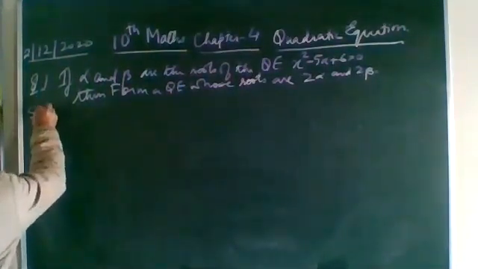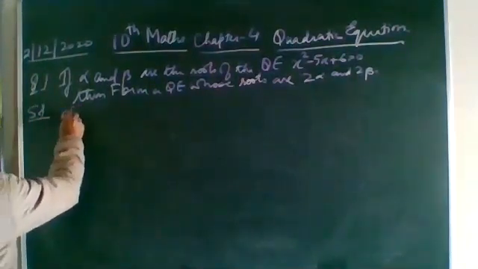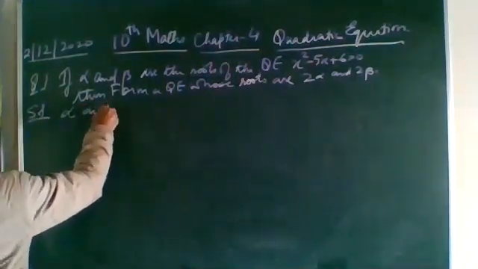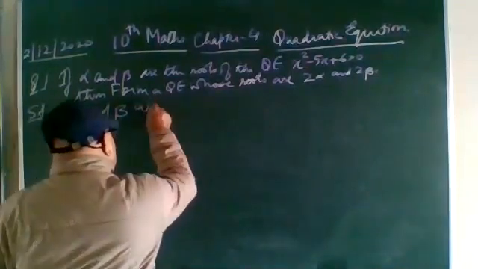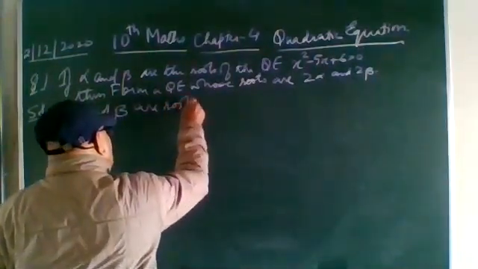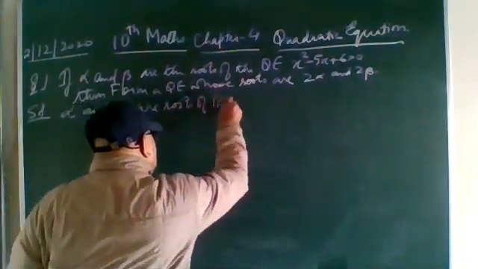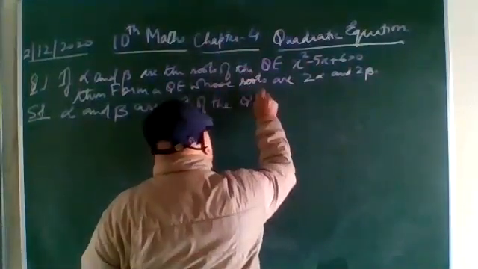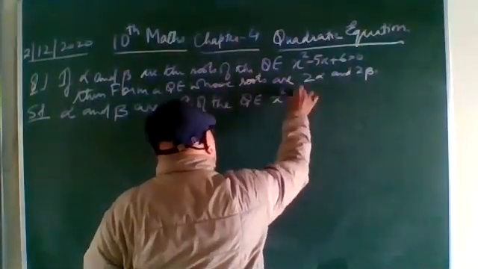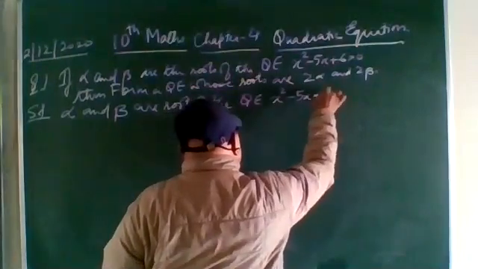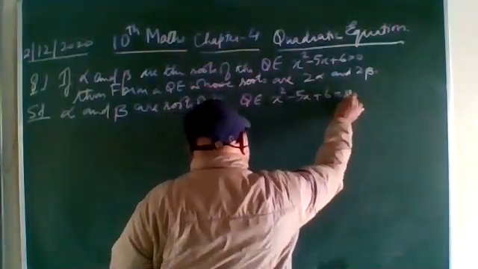So first of all, you will say alpha and beta are roots of the quadratic equation x square minus 5x plus 6 equal to 0.